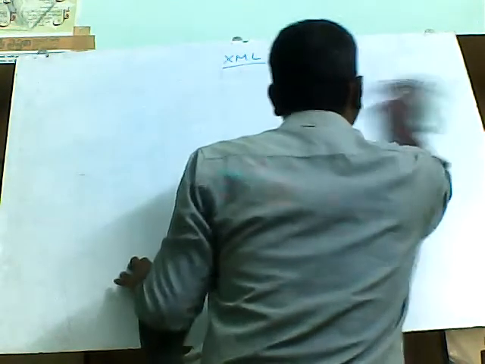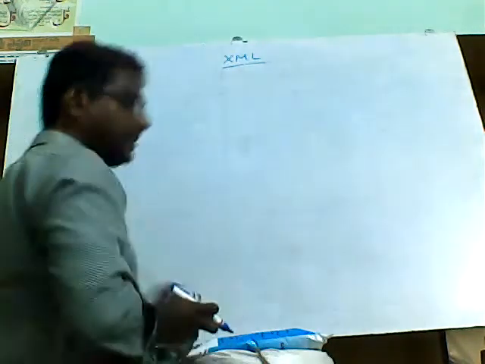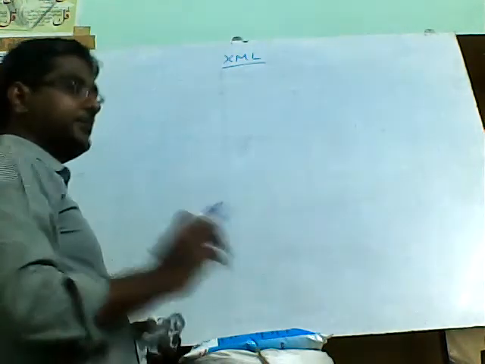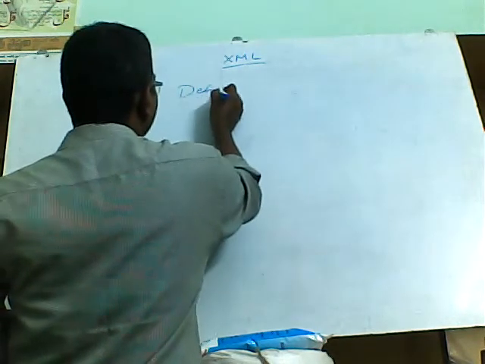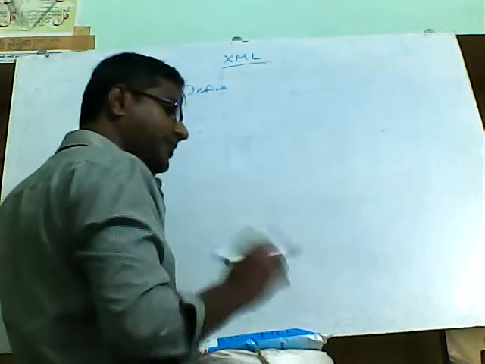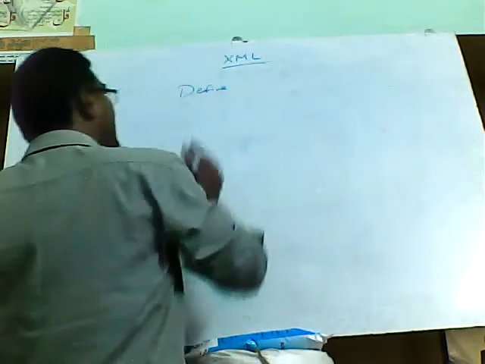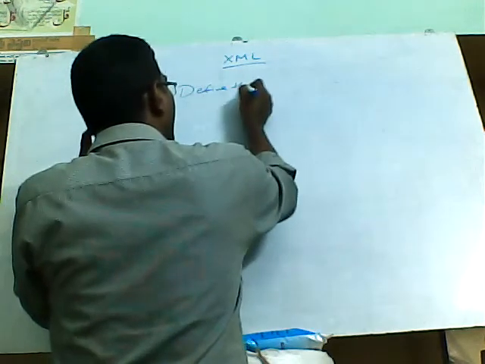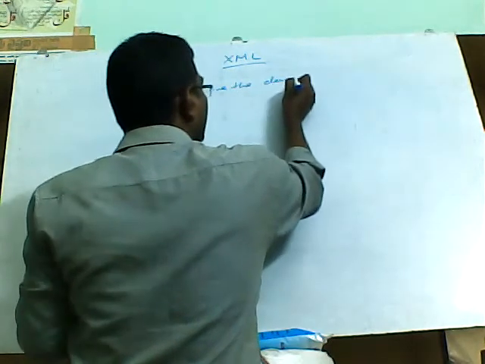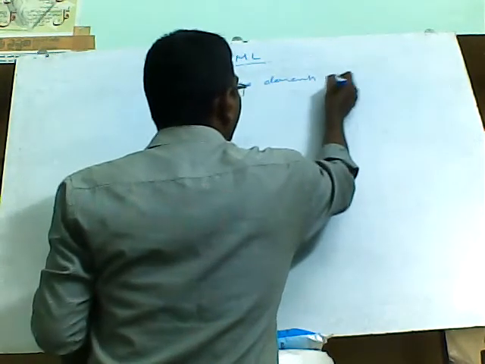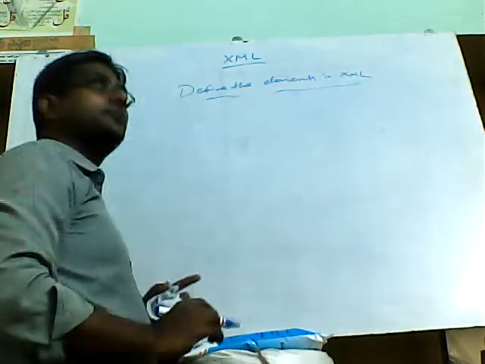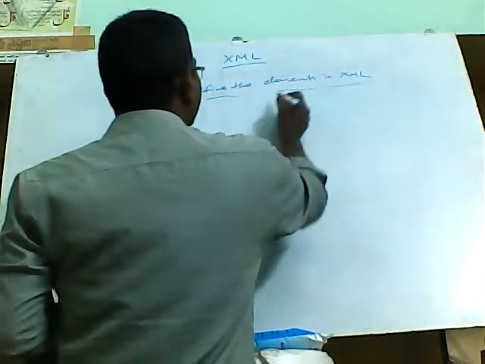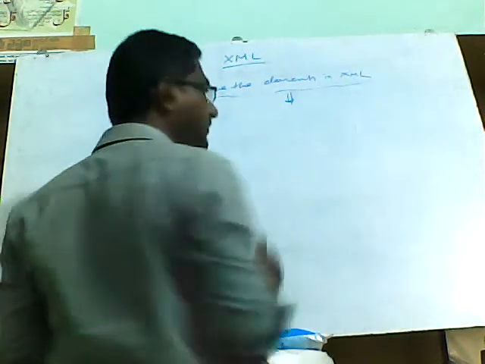Now we will go with another concept, that is how to define the elements in an XML document. To define the elements in an XML document, we will be using two different concepts.